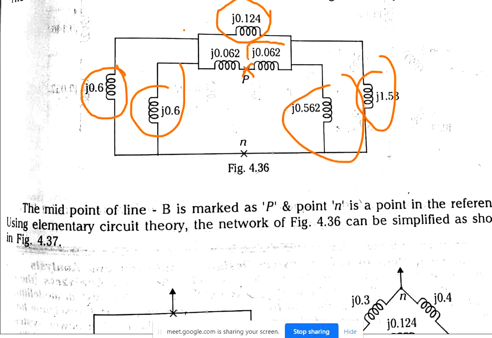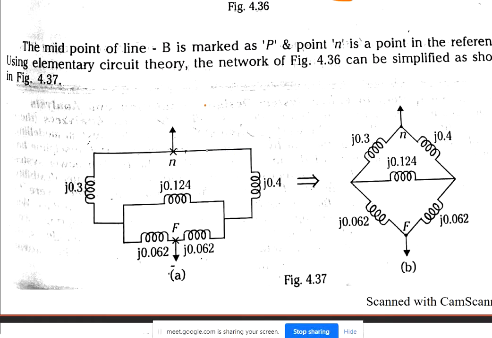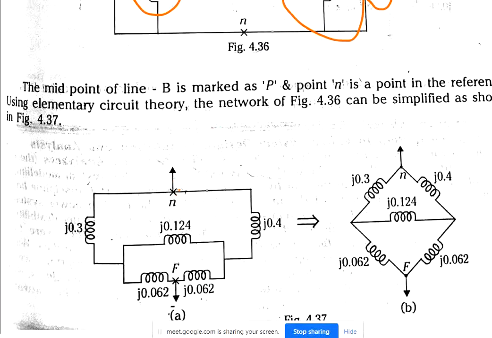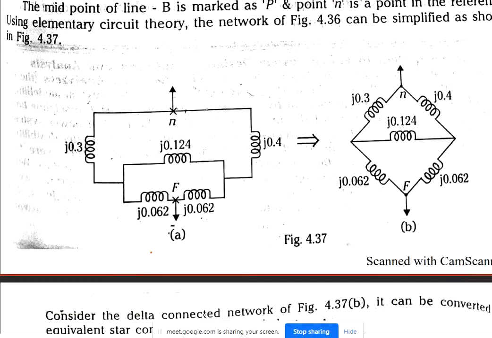So this is j0.62, this is of my transformer secondary side. That means when I see it from the midpoint of transmission line B, like this, you can see here. So this is my neutral point, and my 0.3 will be like this.